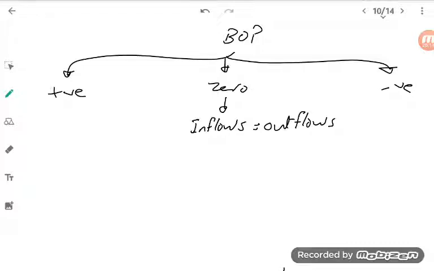Positive and negative values mean that there is disequilibrium. If it is positive, there is surplus in the balance of payments, and if it's negative, there is deficit in the balance of payments.